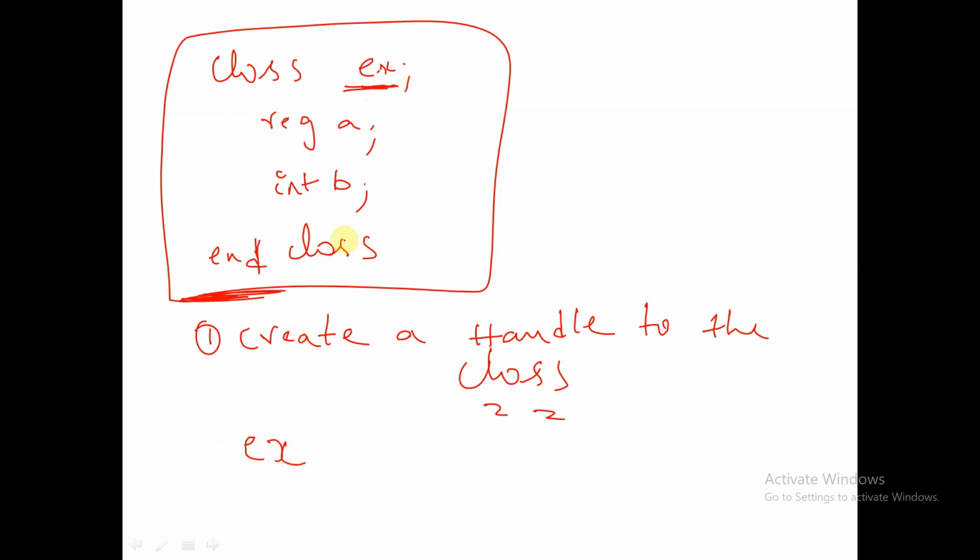So it is ex followed by the name of the handle, let's say h1. The h1 is the name of the handle, of type ex. With the help of the handle only, we can modify the values, and we can access the properties or methods in the class.